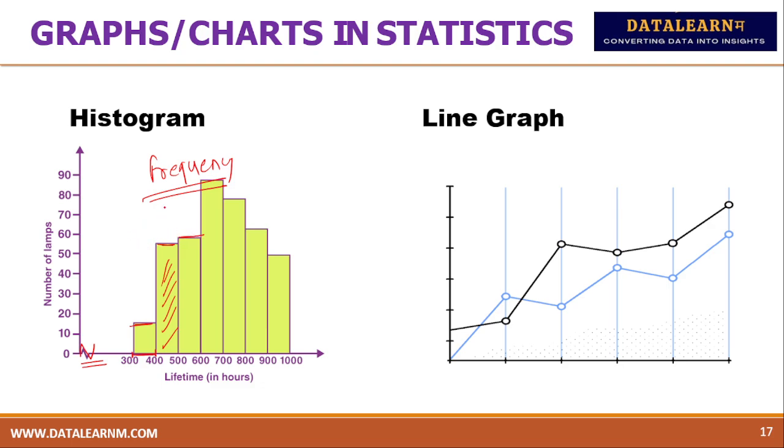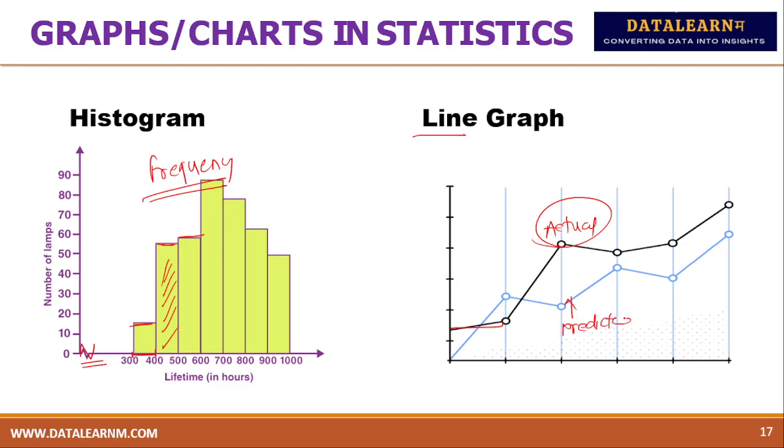If you are plotting a simple line chart or line graph, suppose two different values are there: one is the actual one and one is the predicted one.